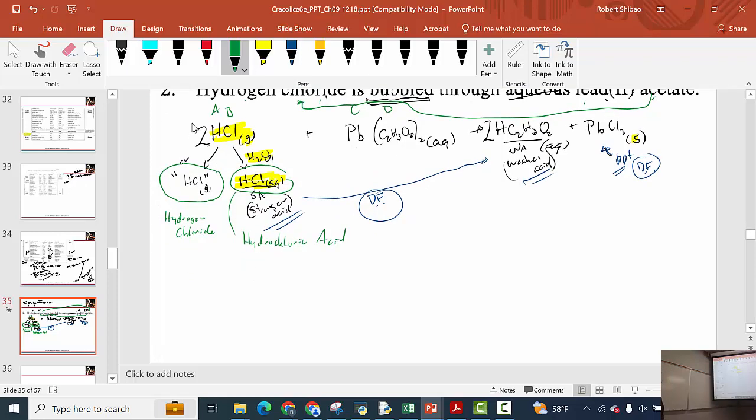And so if we were to try to visualize this, what we have here is a solution of lead 2 acetate. And in this solution, we're going to bubble the gas. The gas is just going to be pure hydrogen chloride gas.